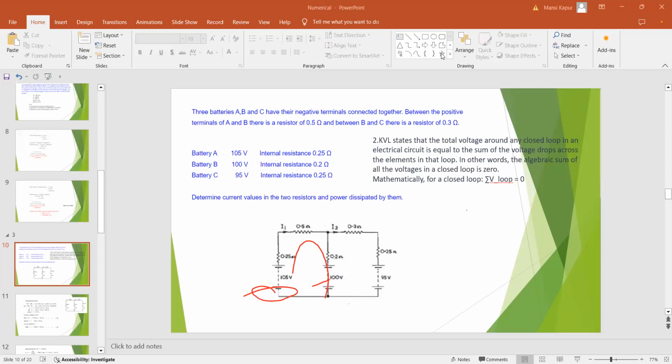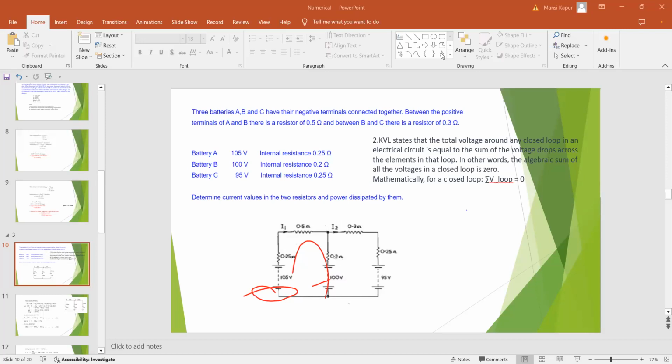Then what value of current is flowing through the 0.25 resistor? I1, so I1 into 0.25. From the 0.5 resistor, what value of current is flowing? I1 again.